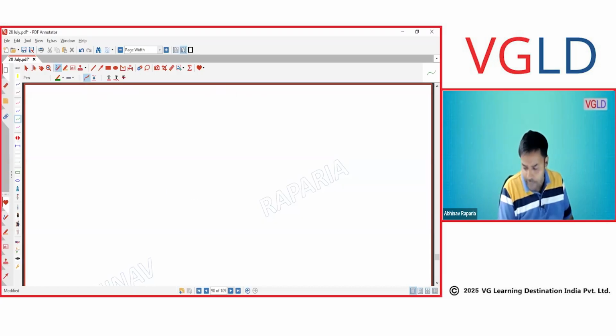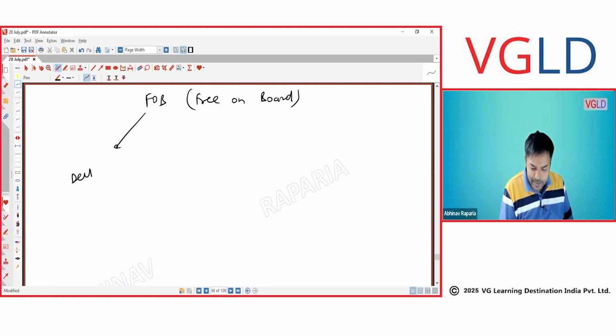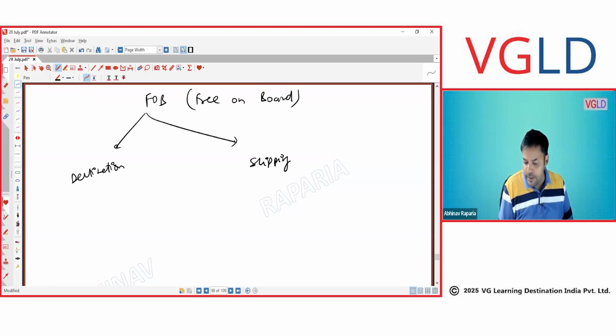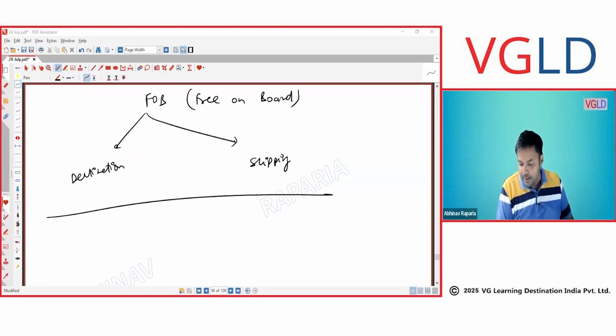In shipping, we are having two terminologies called FOB. FOB is free on board. Here we are having two things: free on board at destination, and free on board at shipping point. What do you mean by that?